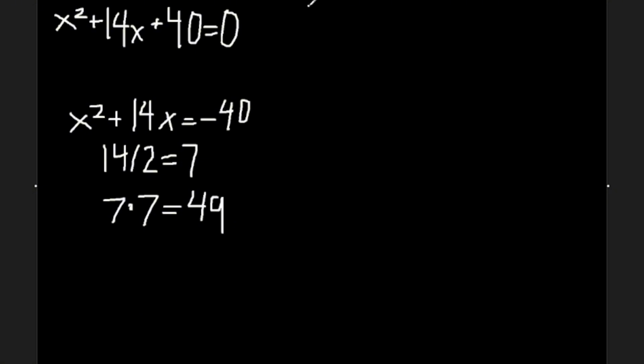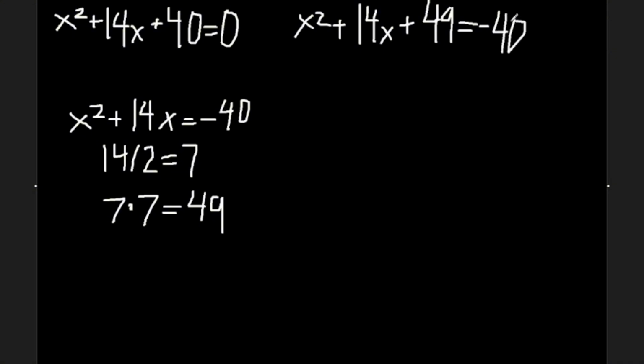Now, x squared plus 14x plus 49 equal to negative 40 plus 49.